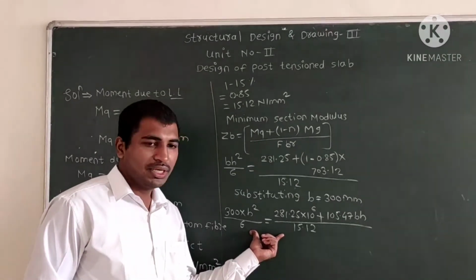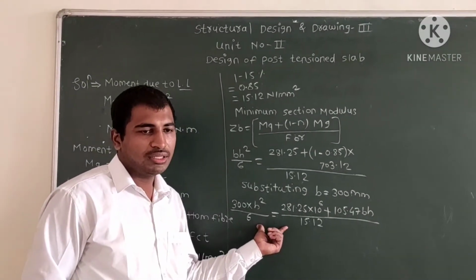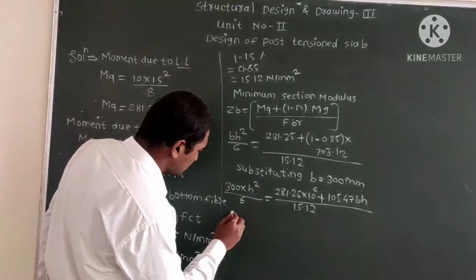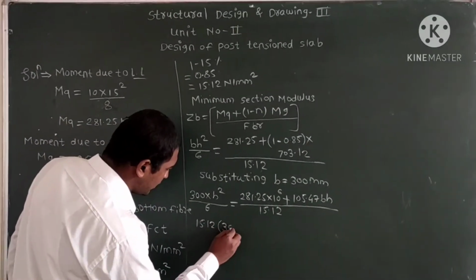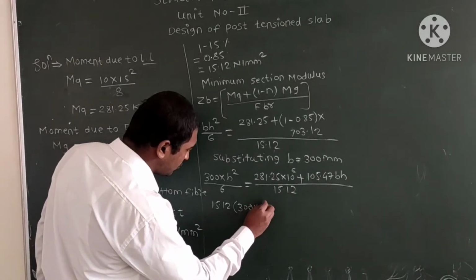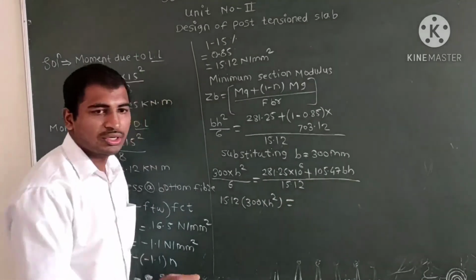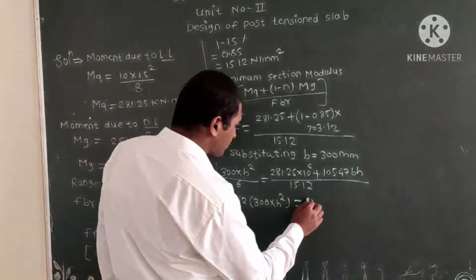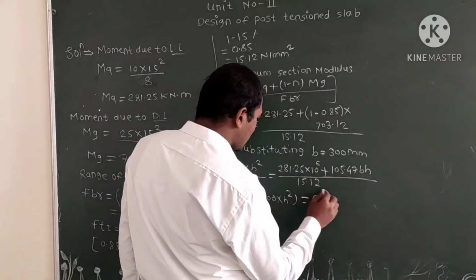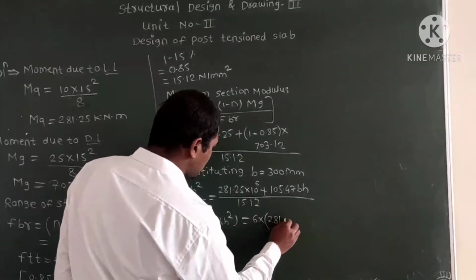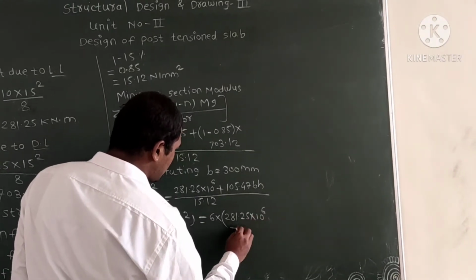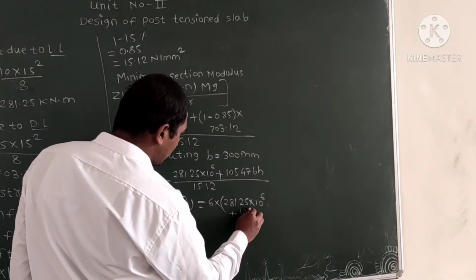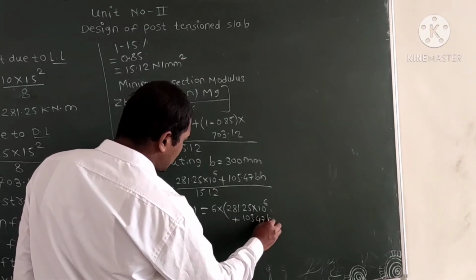We get the cross multiplication: 15.12 into 300 into H square is equal to 6 into 281.25 into 10 raised to 6 plus 105.47 BH.